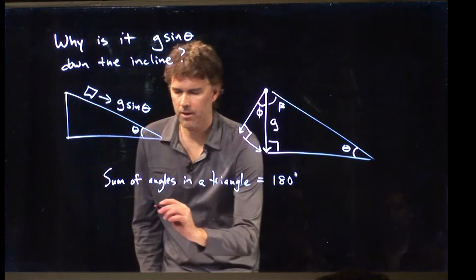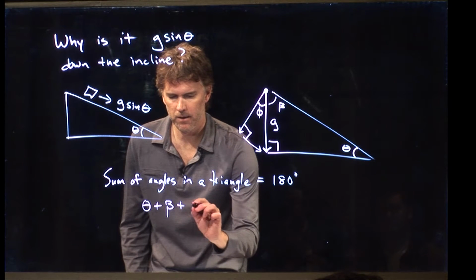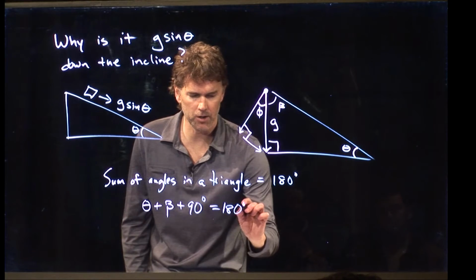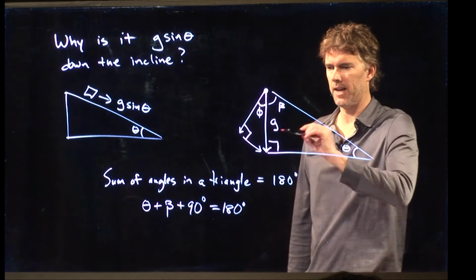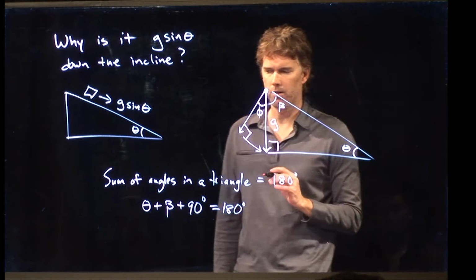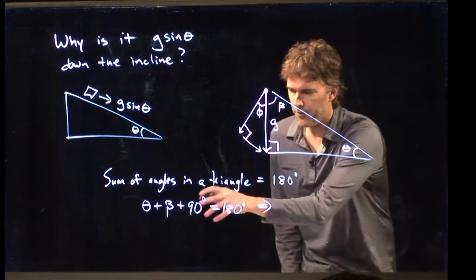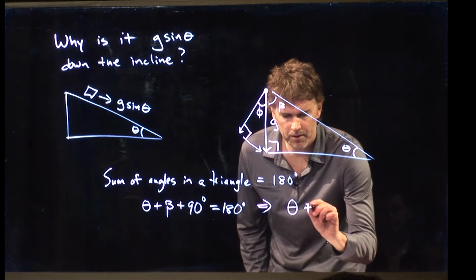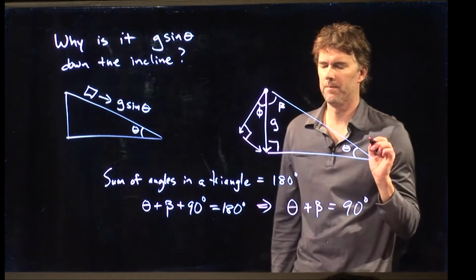I have theta plus beta plus 90 degrees equals 180 degrees. Okay? Theta plus beta plus 90 degrees equals 180 degrees. If I move that 90 over to the other side, I get theta plus beta equals 90 degrees.